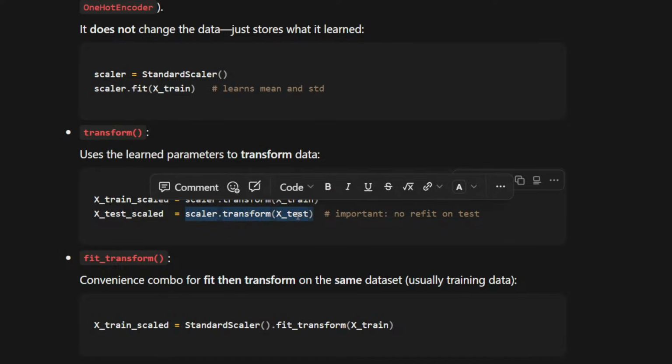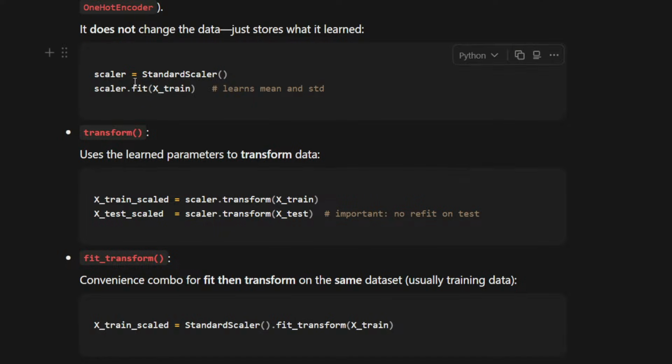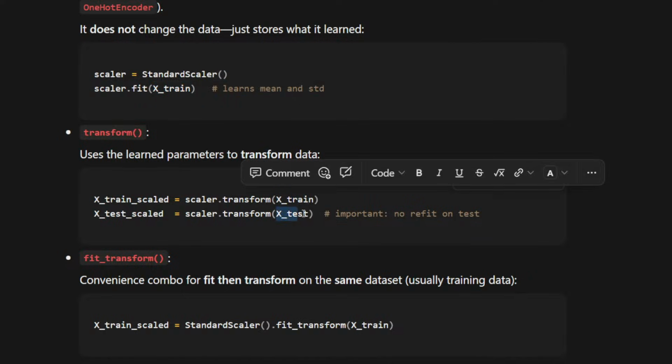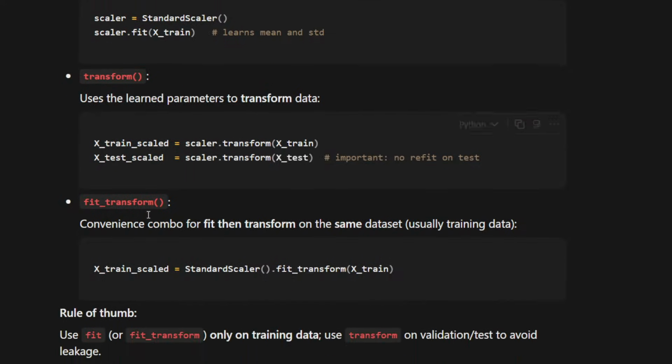So you are transforming the X train dataset and X test dataset based on what you fitted using X train. So it uses the same mean values that were present in the X train to transform for X train and X test. And you are just storing these in different variables.